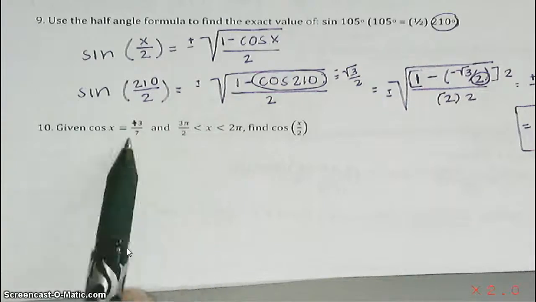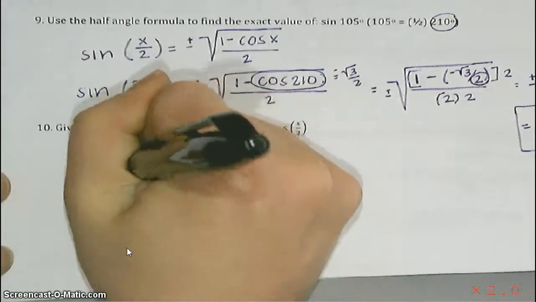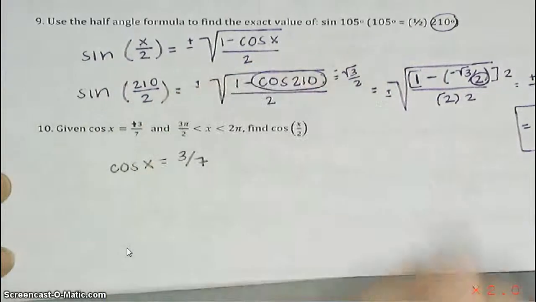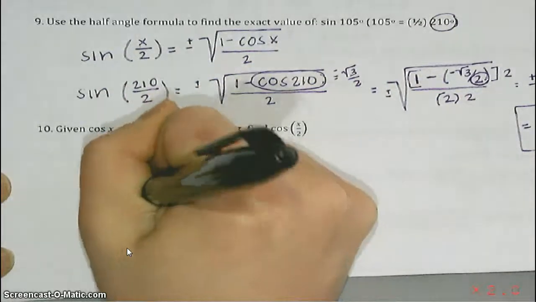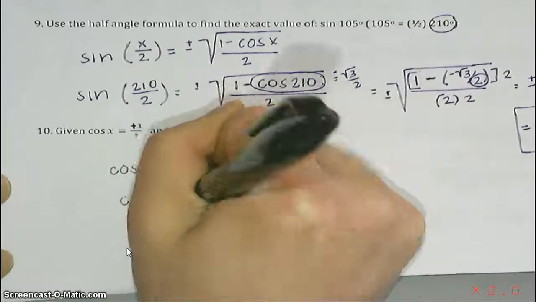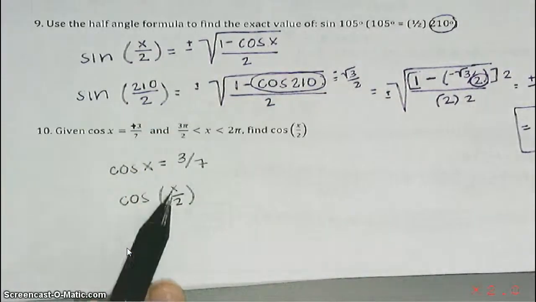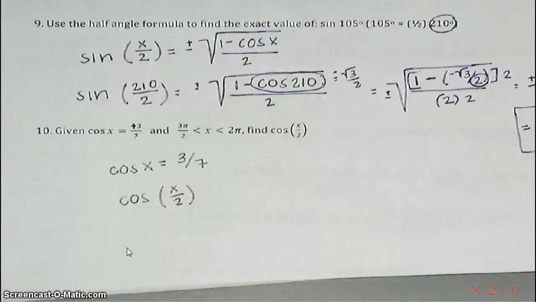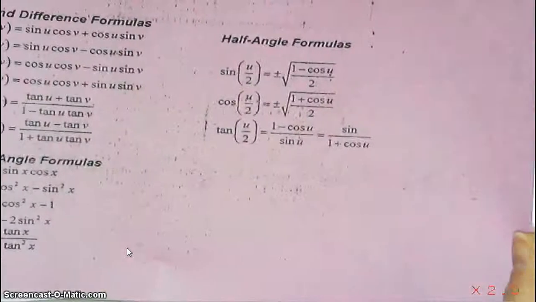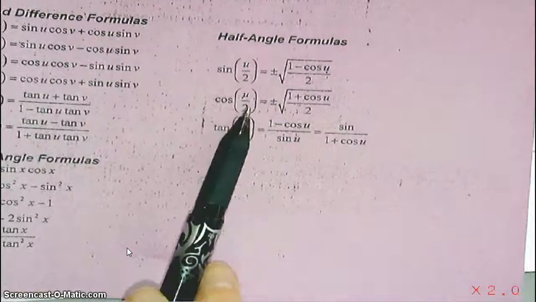So they told us a couple things. They told us that cosine is 3/7. They want us to find cosine at x over 2. I'm going to cover this up for a second and show you what the equation is for cosine at x over 2.